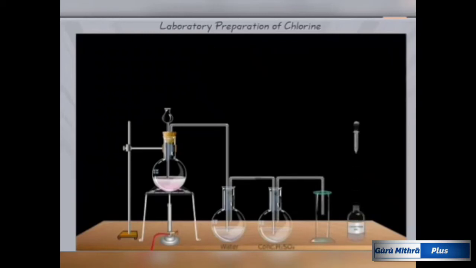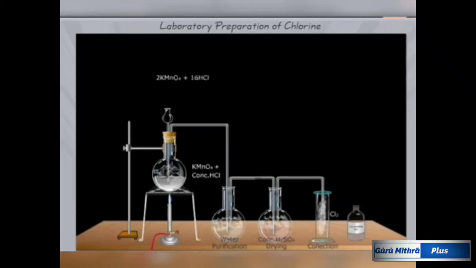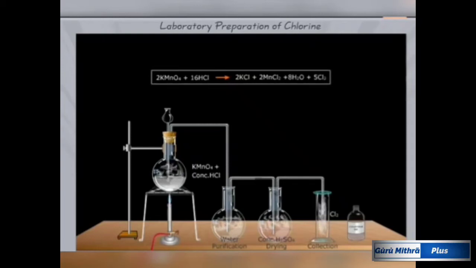Add a few drops of concentrated hydrochloric acid to potassium permanganate solution through the thistle funnel. Observe the reactions that take place. 2 KMnO4 plus 16 HCl gives 2 KCl plus 2 MnCl2 plus 8 H2O plus 5 Cl2.